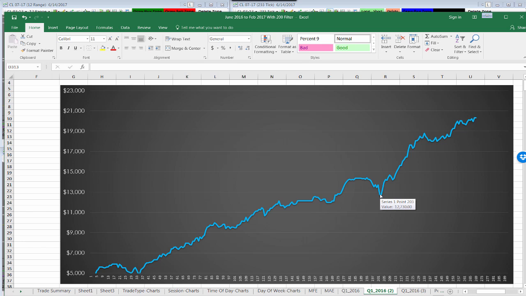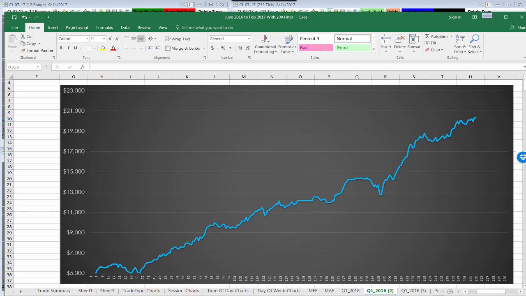Here's where I added the Russell. The big difference is I didn't have that next push down. It's been a lot smoother since adding the filters and adding the Russell, and now the NASDAQ. That gives you an update of where I'm at.